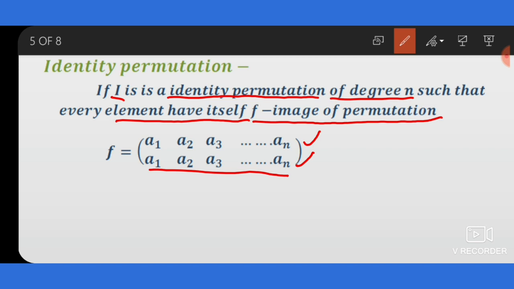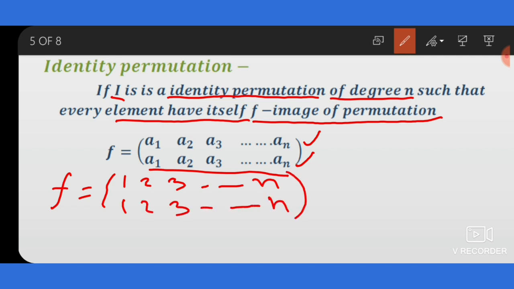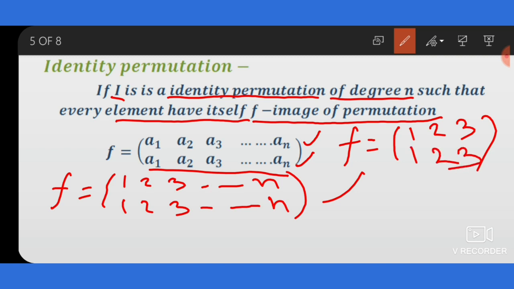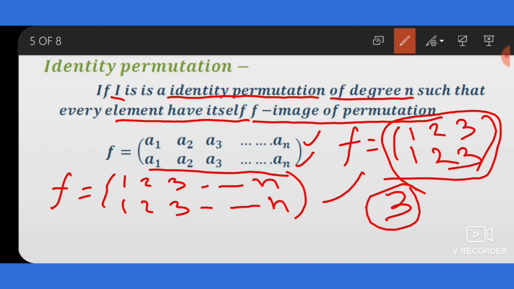For example, f equal to 1, 2, 3, and so on to n over 1, 2, 3, and so on to n is the identity permutation of degree n. Another example, f equal to 1, 2, 3 over 1, 2, 3 is the identity, of degree 3.